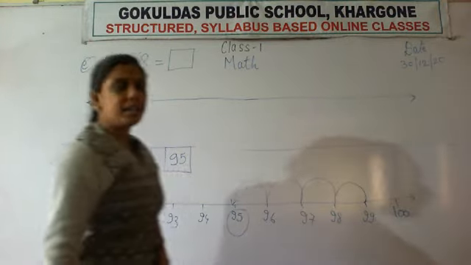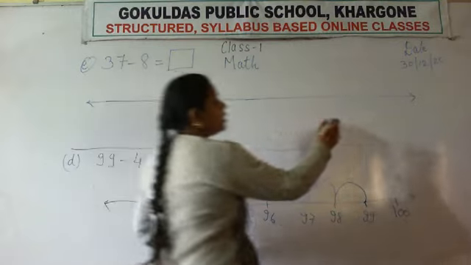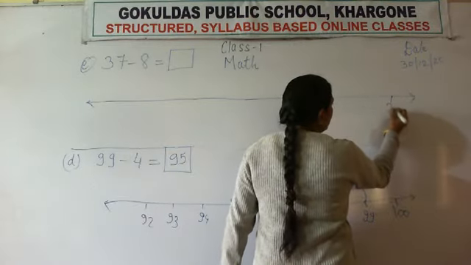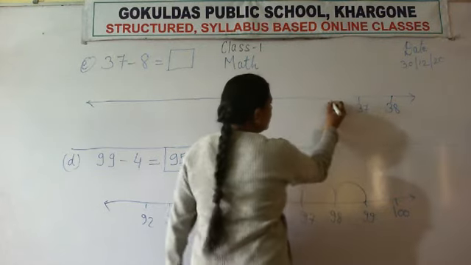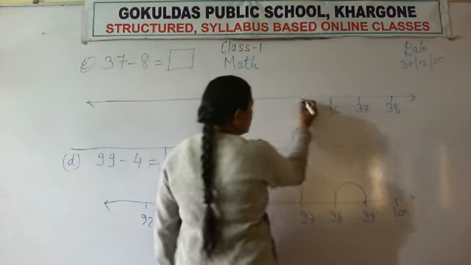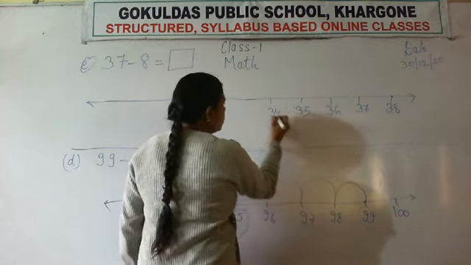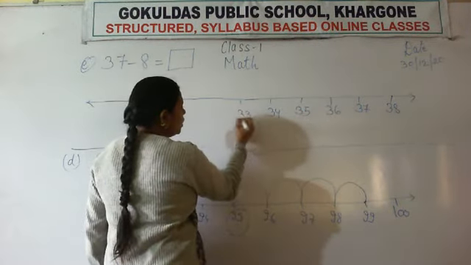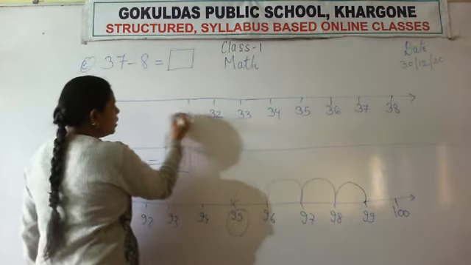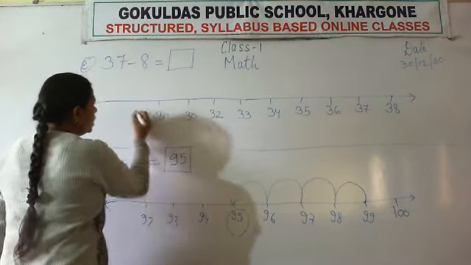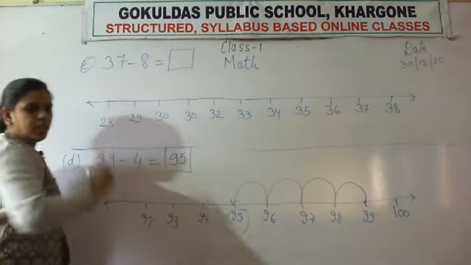So start writing numbers from 38 in reverse order. 38, 37, 36, 35, 34, 33, 32, 31, 30, 29 and 28.